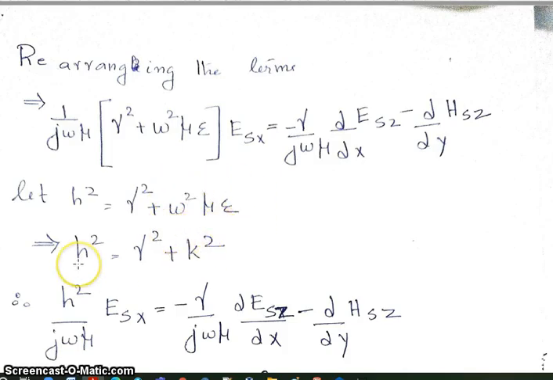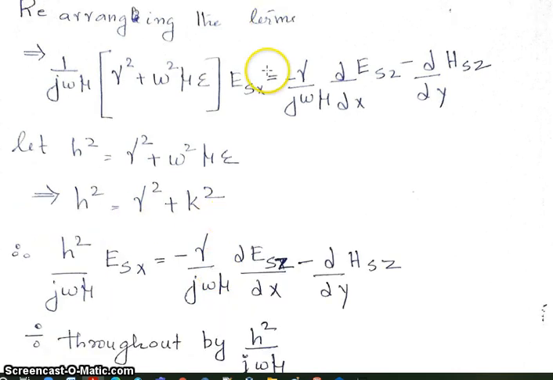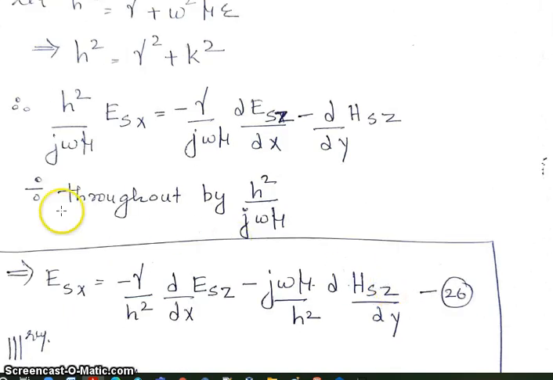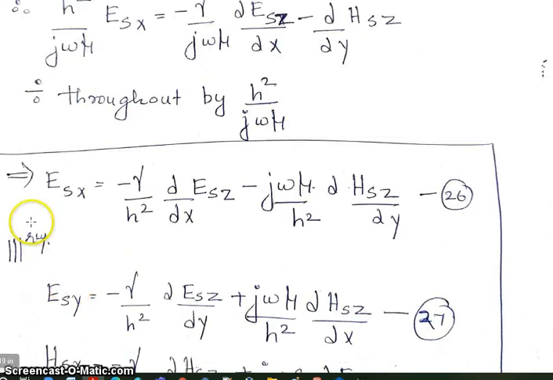So finally I can write h square is equal to gamma square plus k square. So this expression finally appears as h²/(jωμ) Esx is equal to minus gamma/(jωμ) ∂Ez/∂x minus ∂Hz/∂y. Next I am dividing the terms by h²/(jωμ), so I will get Esx equal to equation 26.